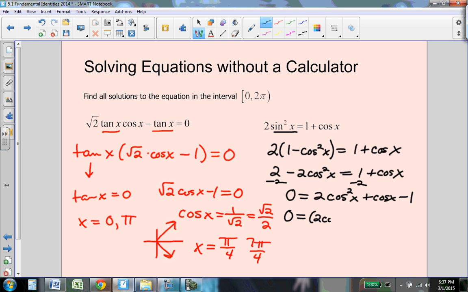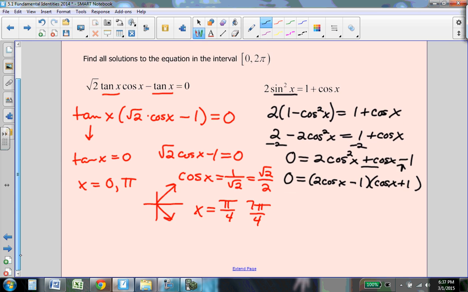So it's 2 times the cosine of x and cosine of x. That's the only way I'm going to get my first term. 1's have to come from 1 and 1. And I need a positive 1 for a middle term, and I need one sign that's positive and one that is negative. I'm going to put the plus here so that I get 2 cosine of x when I multiply, and a minus 1 cosine, so I have 2 minus 1 for my positive 1.